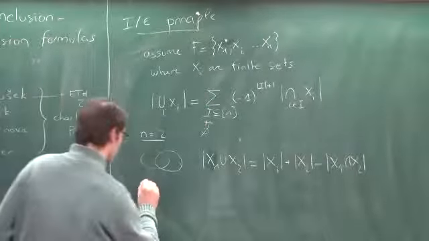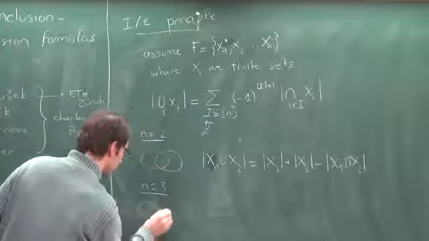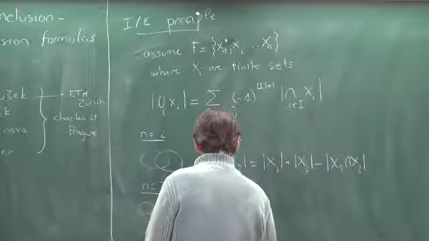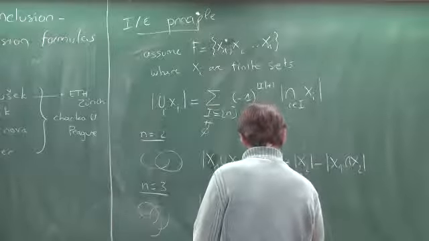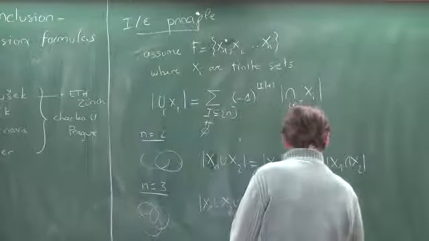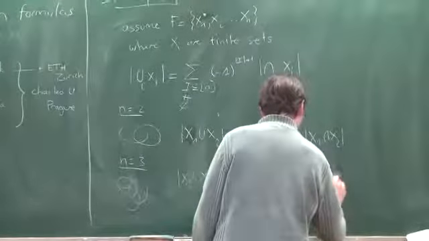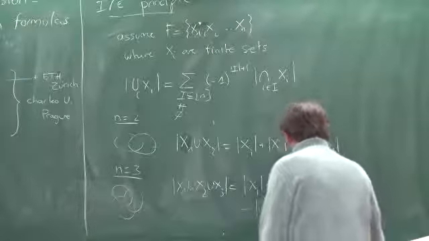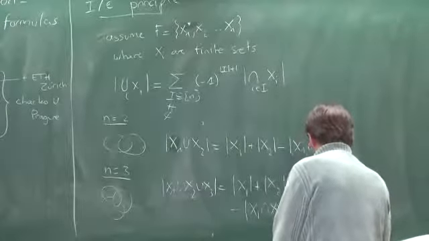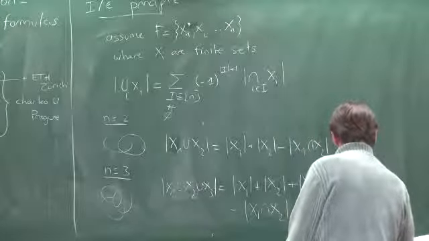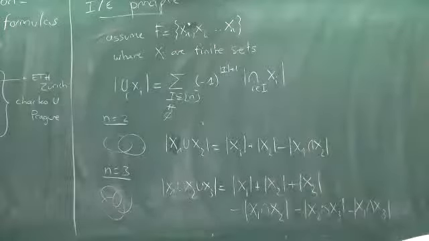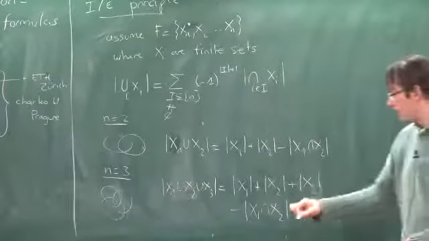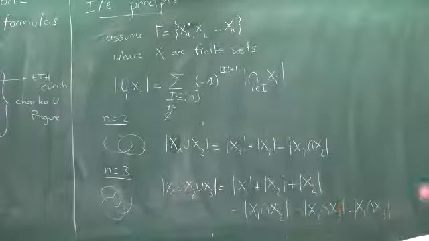And if you look at the case of 3 sets, well, then you're simply saying that for X1 union X2 union X3, you sum the sizes of the sets, you subtract the pairwise intersections, and now if you assume you have an element in the intersection of all 3, you counted it 3 times and you subtracted it 3 times, so you have to add it back.